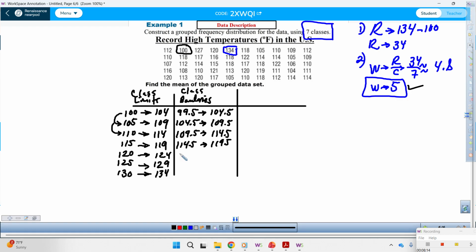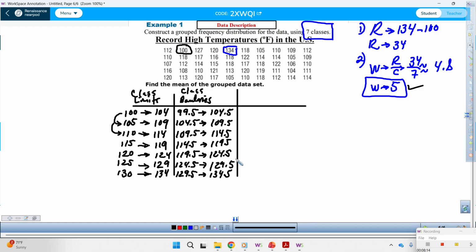Continue, Sebastian. Thank you, Aubrey. All right, and lastly, Melody. 129.5.